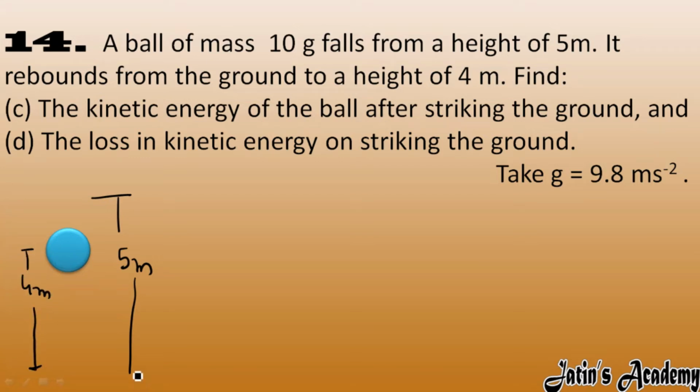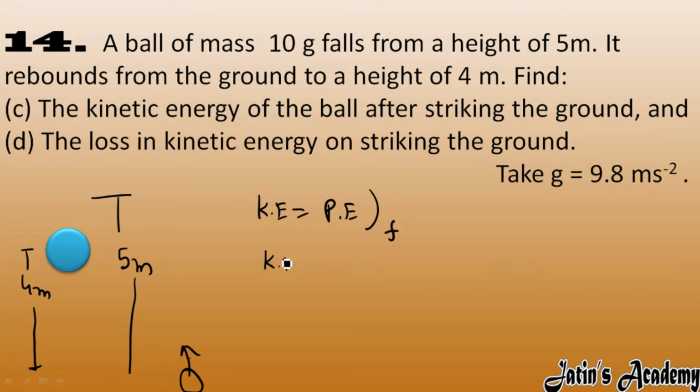So first we have to calculate what is the kinetic energy of the ball after striking the ground. After striking the ground, kinetic energy is equal to the potential energy at the height up to which the ball is raised. So according to again conservation of energy, kinetic energy after striking is equal to potential energy after the height gained, means final value I'm talking about.